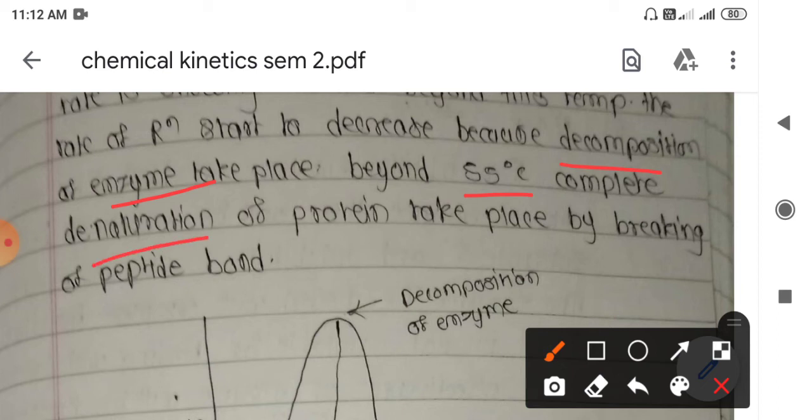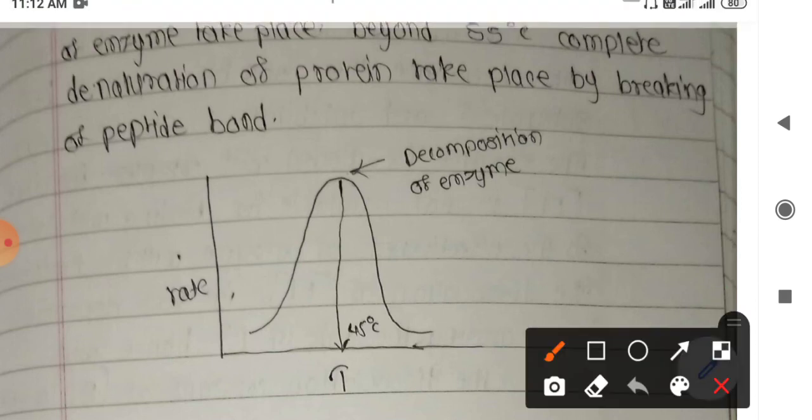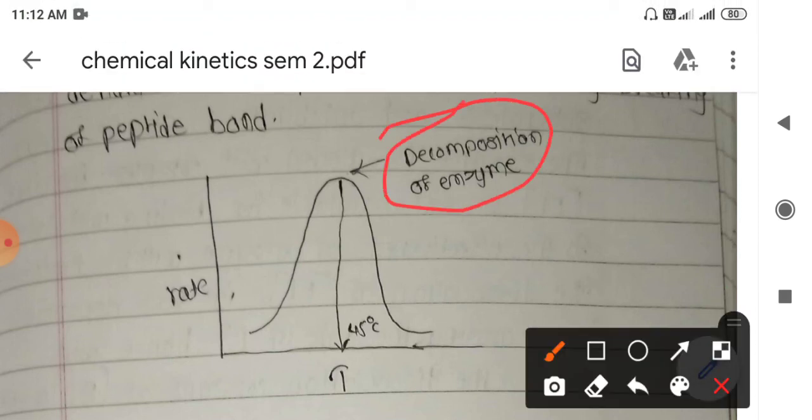The complete denaturation of the protein takes place by the breaking of the peptide bonds. So these proteins get denatured beyond 55 degrees centigrade or at higher temperature. So instead of the rate of reaction increasing linearly, we get a peak of maximum rate, and again it starts to decrease due to the breaking of our protein, the enzyme.